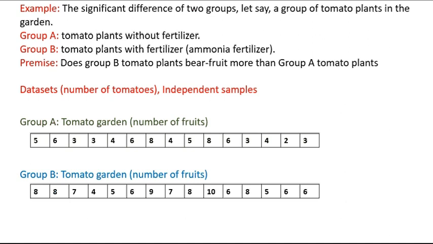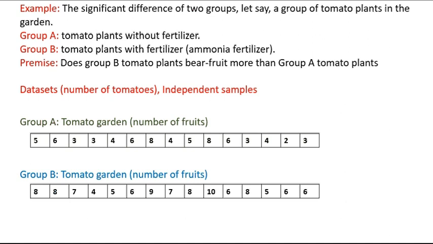Group A is a garden with tomato plants without fertilizer, and group B has tomato plants with fertilizer.